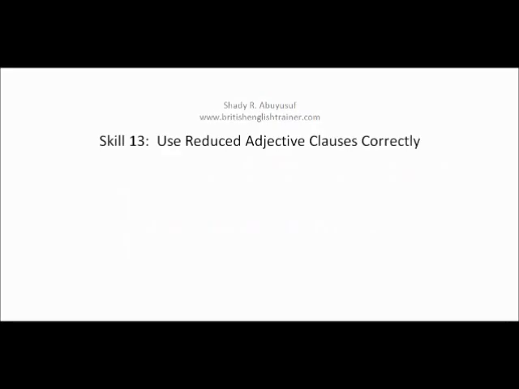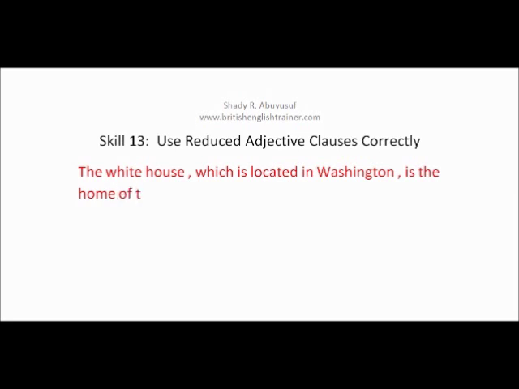Now let's move to another interesting point, and let me show you this sentence here. The sentence goes as follows: The White House, comma, which is located in Washington, comma, is the home of the president.